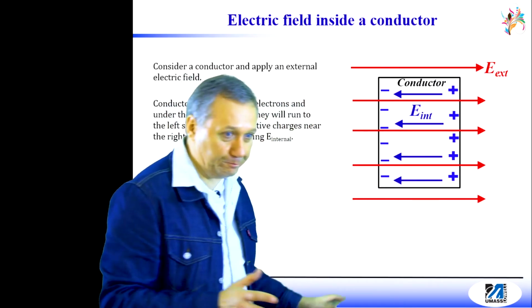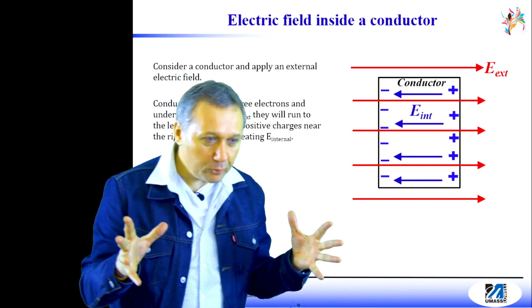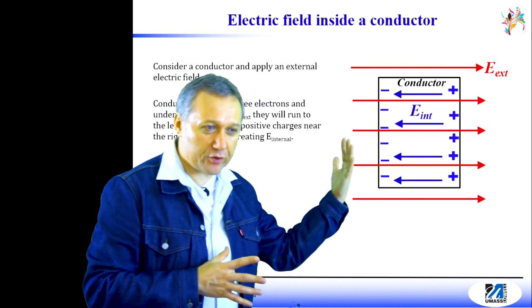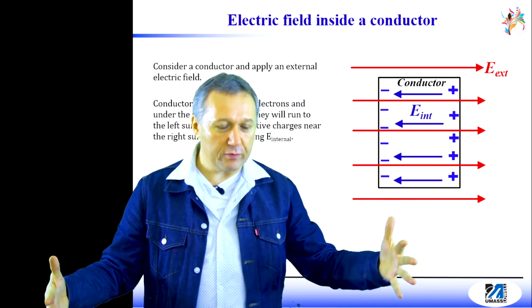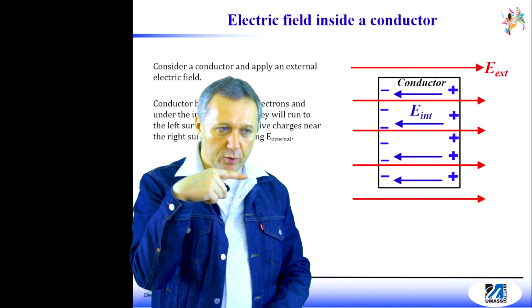Now let's see what happens in time with these electric fields. First, let's assume that a few electrons traveled to this side. So a few electrons over here, a few positive charges over there, and the internal electric field is reasonably small.